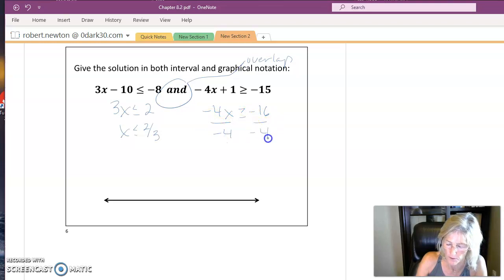And we got to remember that when we work with inequalities, the key here is that when we multiply or divide by a negative, the inequality changes direction. So it's x is less than or equal to 4.